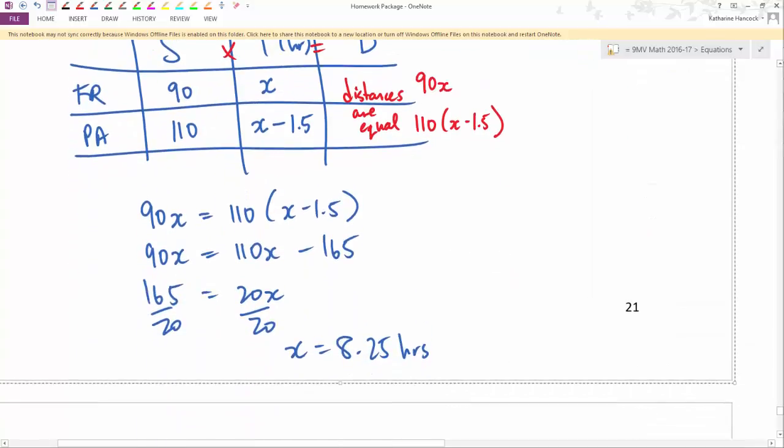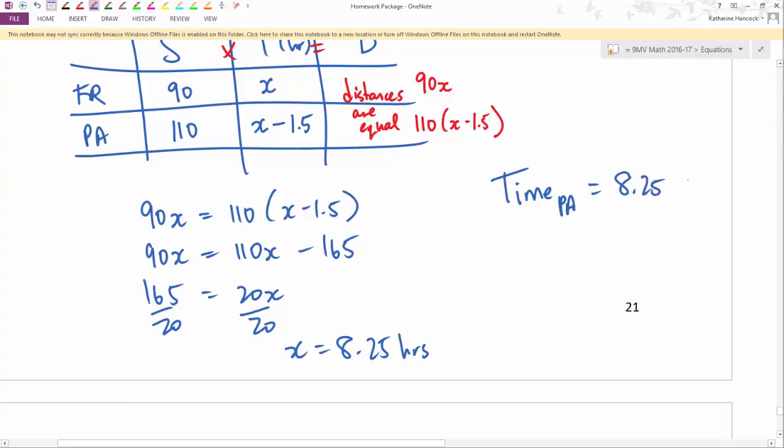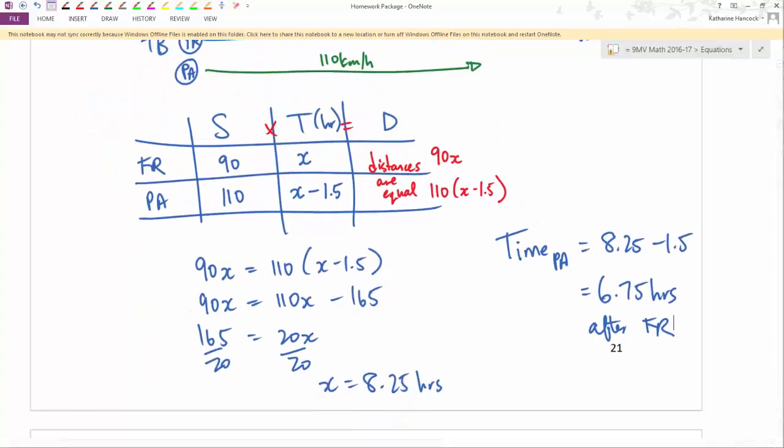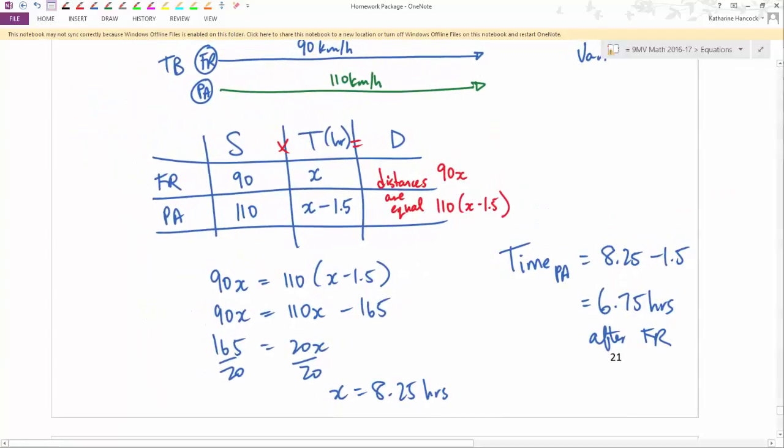If we want to solve for the time for the passenger train, that's going to be 8.25 minus that hour and a half that it went afterwards. So 8.25 minus 1.5 is going to give me 6.75 hours after the freight train, which happens to be the same answer Miss Fioroni got, so I think I got that one right too.